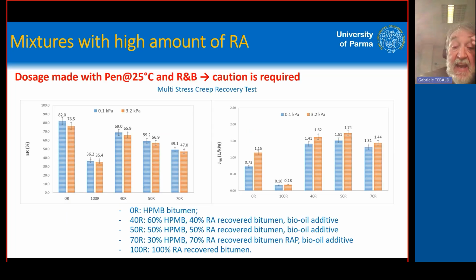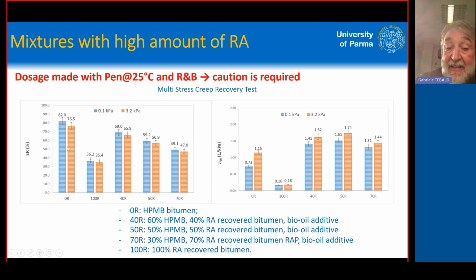In this case, from the experience that we have, the dosage is important, and probably the dosage made by only penetration and ring and ball is not the most appropriate one. Caution is required. These are some results that we got from a multi-stress creep recovery test at different levels of recycling agent, following a dosage made by a method based on penetration, ring and ball, and viscosity.